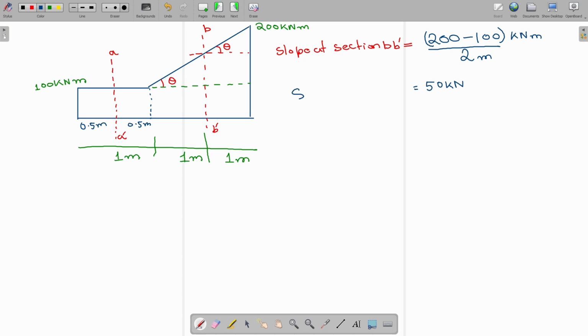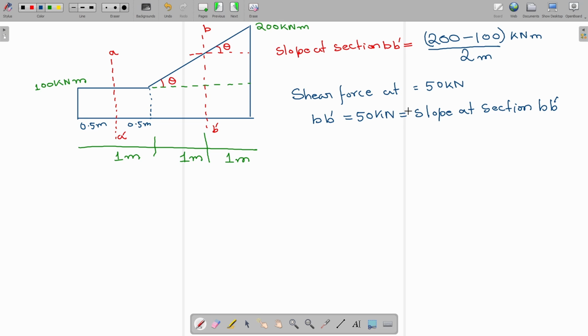Therefore, shear force at BB dash is 50 kilonewton, which is equal to the slope at section BB dash.